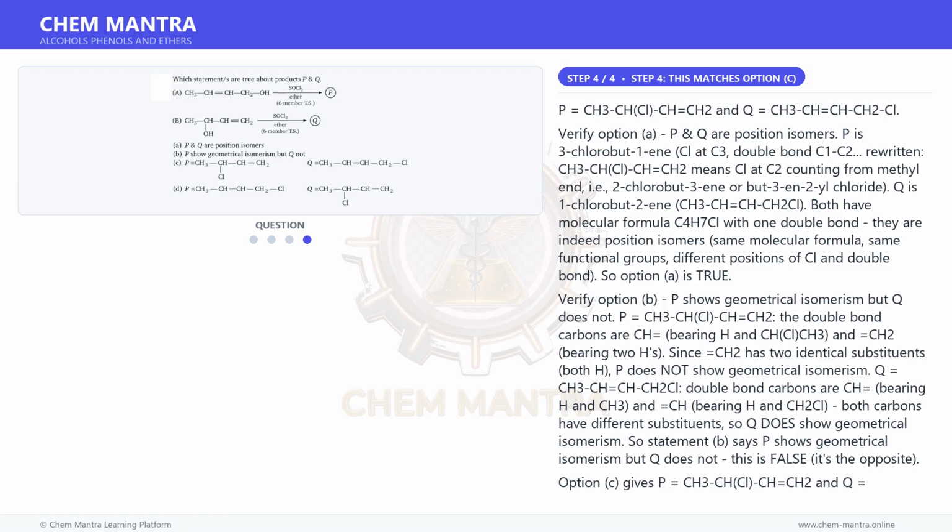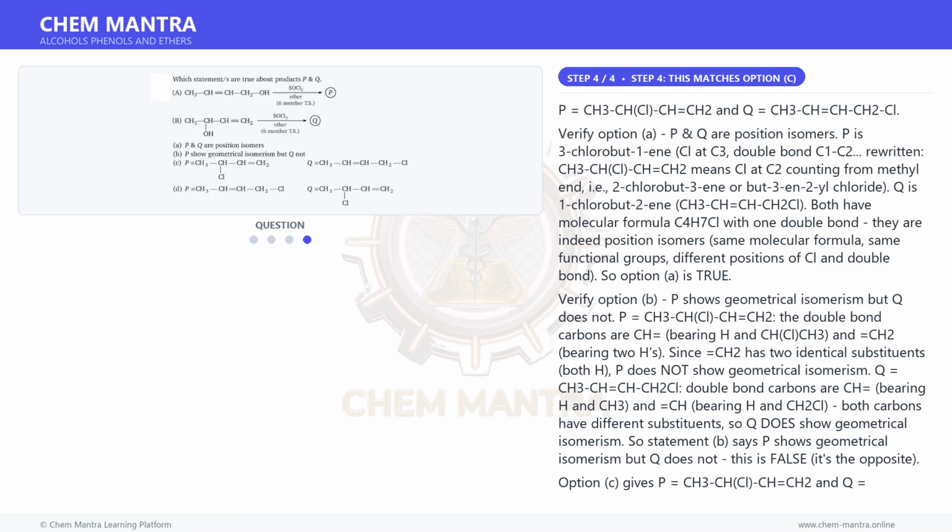Option C gives P is equal to CH3-CHCl-CH=CH2 and Q is equal to CH3-CH=CH-CH2Cl. This matches our analysis. True. Option D gives P is equal to CH3-CH=CH-CH2Cl and Q is equal to CH3-CHCl-CH=CH2.